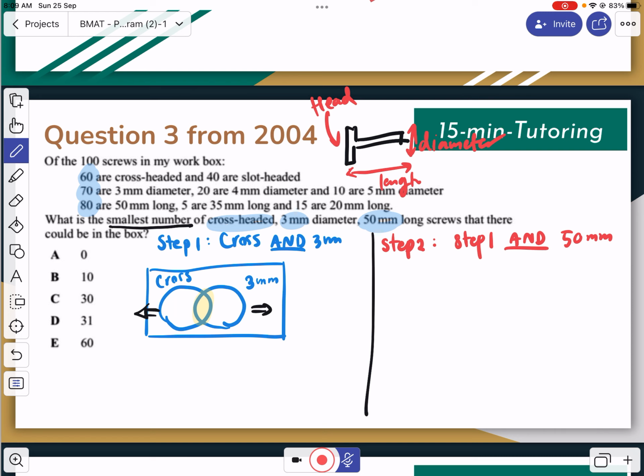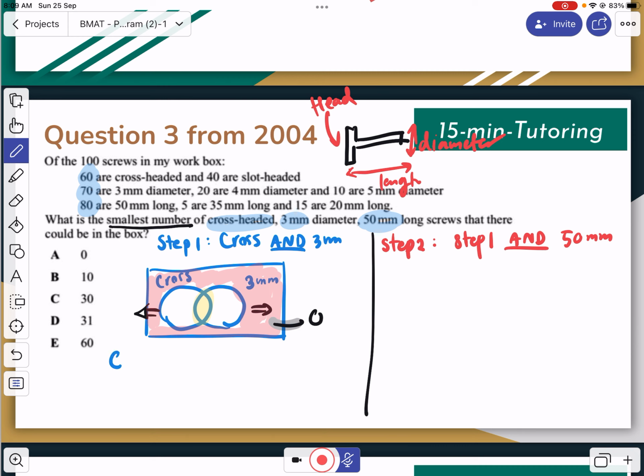It needs to be spread out so that the overlapping area is small. Now, how can we spread it out? Well, we achieve that by minimizing the outside area, which is this. And the outside area needs to be essentially the lowest, 0, so that cross-headed union 3 mm gives us 100 screws, which is everything we have.